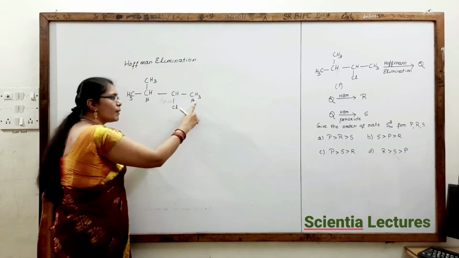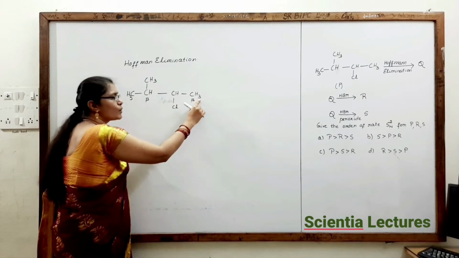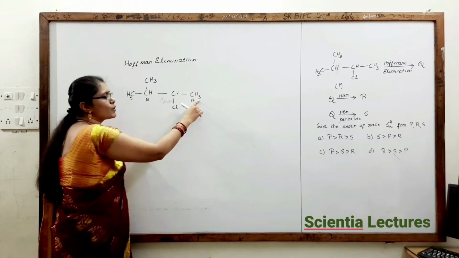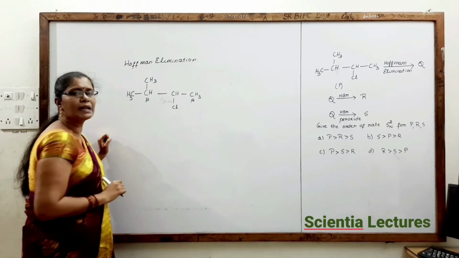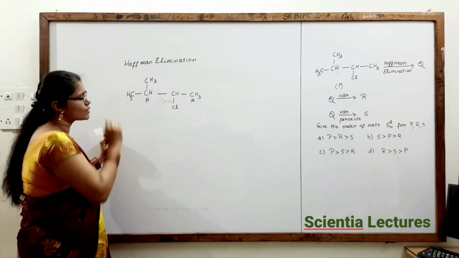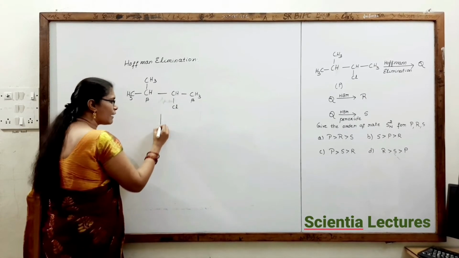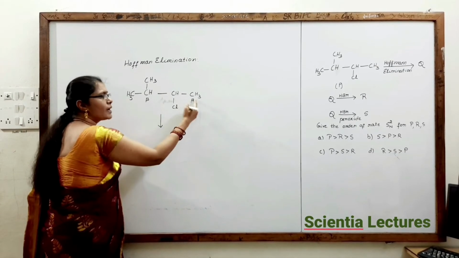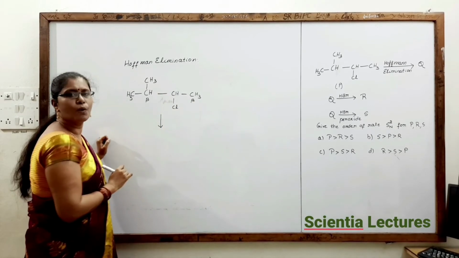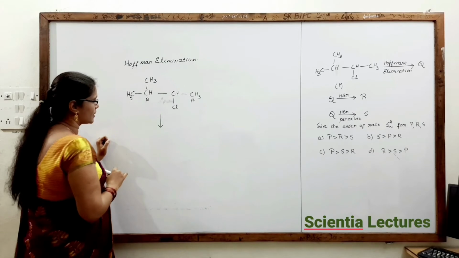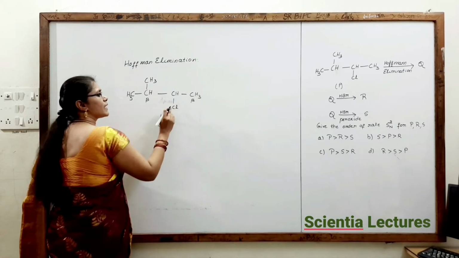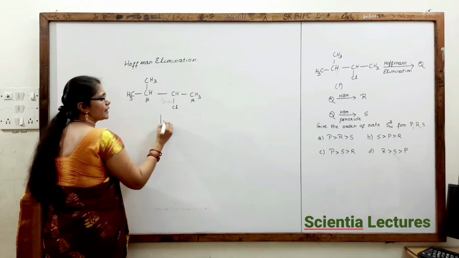So we have to remove beta hydrogen from the beta carbon with more number of hydrogens, although we will get the less stable alkene as the major product. So in this case, we have to abstract beta hydrogen from the beta carbon with more number of hydrogens itself. Here hydrogen is eliminated and here Cl is eliminated.